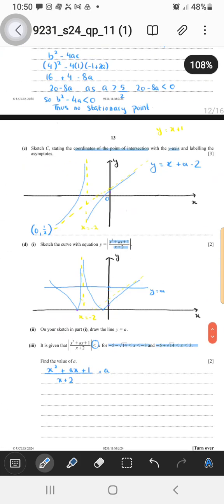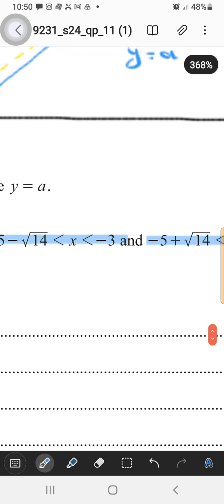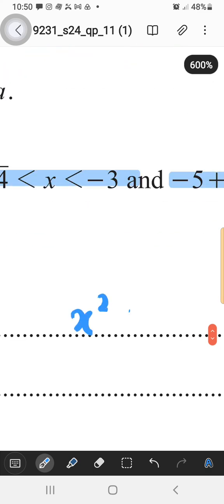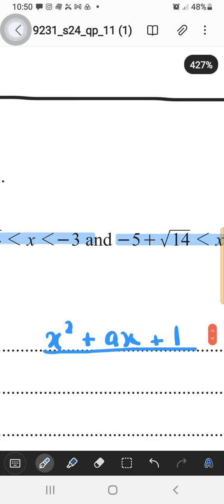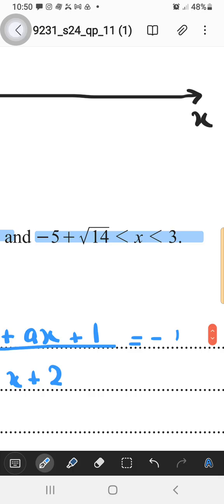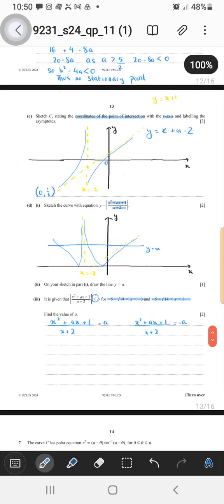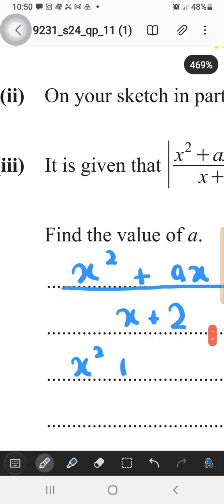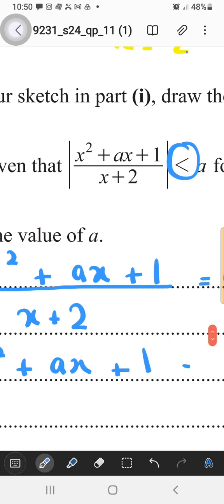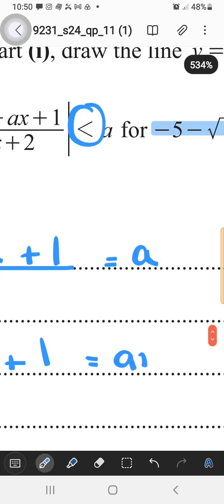To remove modulus, we want one a in plus and one a in minus. So I will write here (x square plus ax plus 1) upon (x plus 2) is equal to minus a. Then we will further solve it, and it becomes x square plus ax plus 1 equal to ax plus 2a.